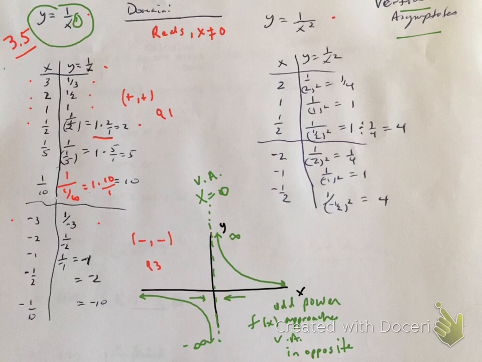Now, when you have 1 over x squared, it doesn't matter whether you put a positive or a negative in there, you're going to get a positive out because of the fact that you're squaring those numbers. So 1 over 2 squared gives you 1/4, and here 1 over -2 squared gives you 1/4. So this is quadrant 1 because they're both positive. And this one is quadrant 2 because it's negative for the x and positive for the y.